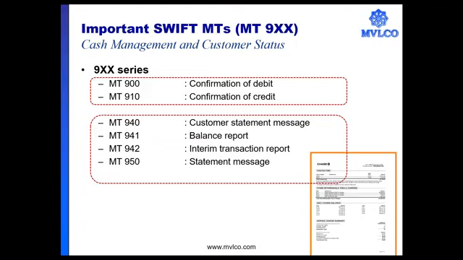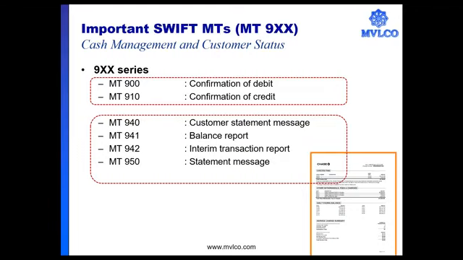Which means every transaction which is happening in your account in a day, either a debit or a credit, would result in your bank sending you a 900 for every debit and a 910 for every credit. So this is for every transaction which happens in the bank.